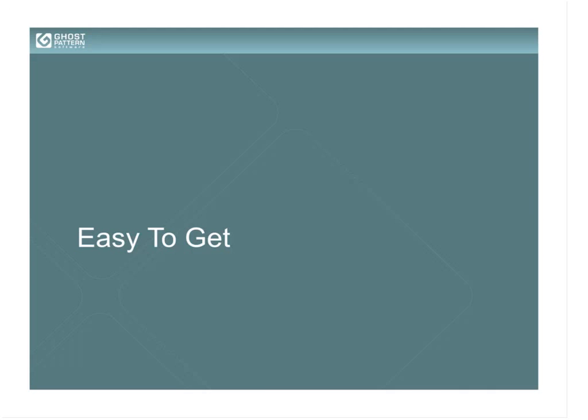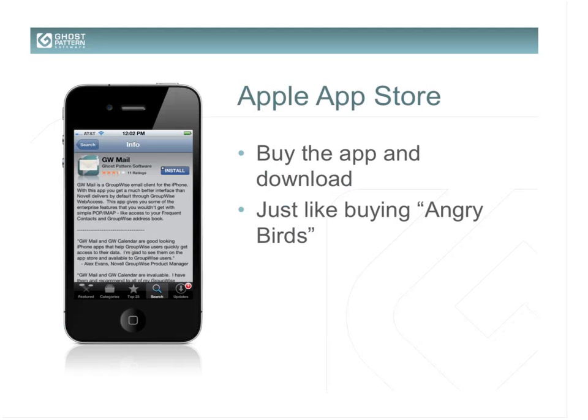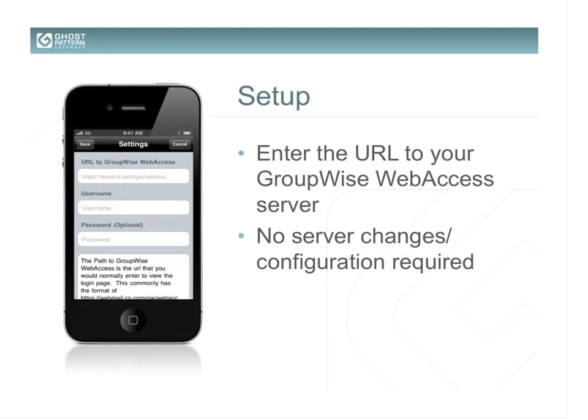So how easy is it to get it? Well, I've got a couple of screenshots here. What you do is you just go out to the Apple App Store, you search for the word GroupWise, and there are the apps. You download and buy them just like you're buying Angry Birds, and then it downloads.